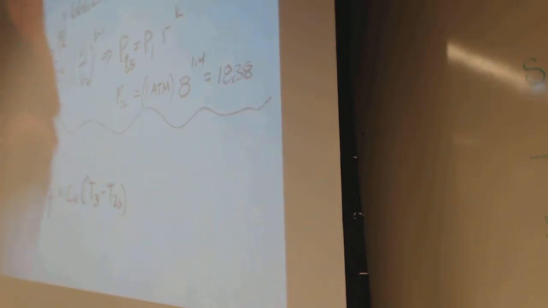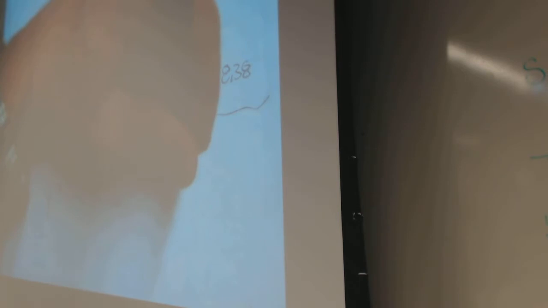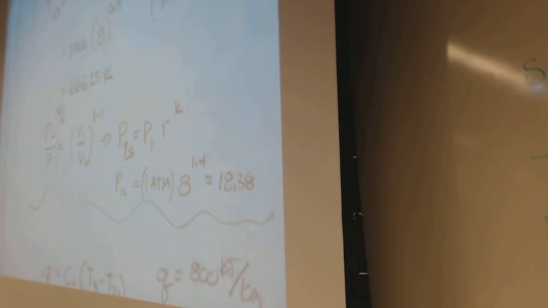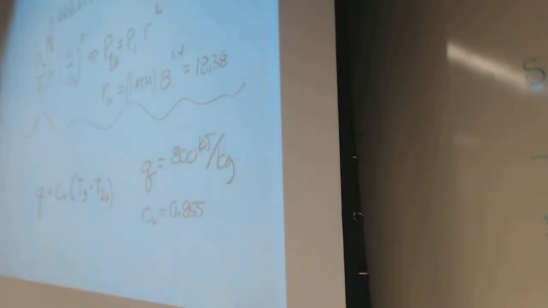So they gave us Q, and that was 800 kilojoules per kilogram. That's how much combustion we got. We have a C sub V of 0.855 kilojoules per kilogram per degree Kelvin, and T2S we just figured out was 666.25 Kelvin.